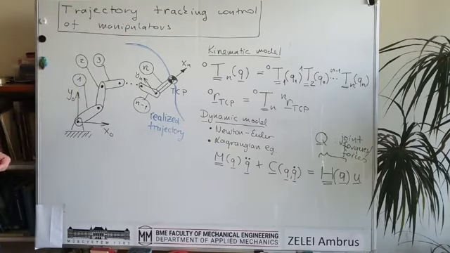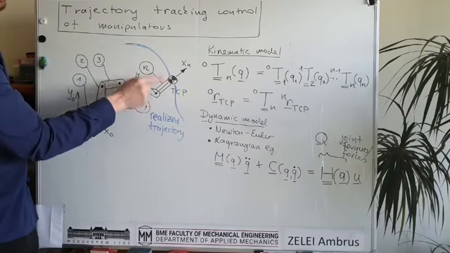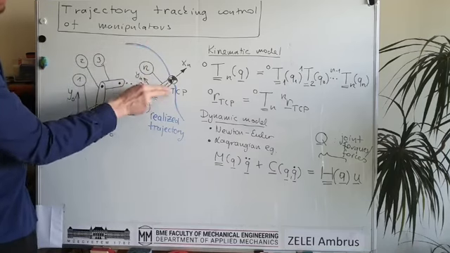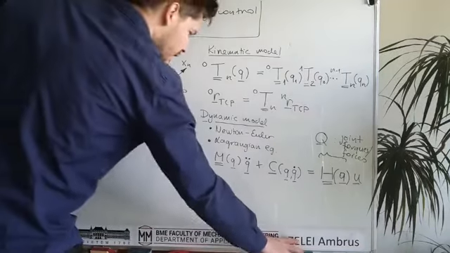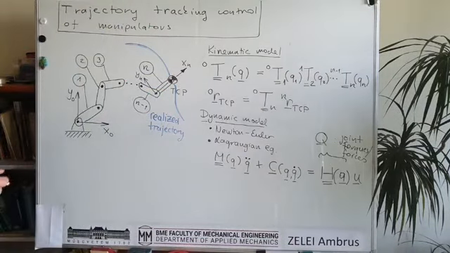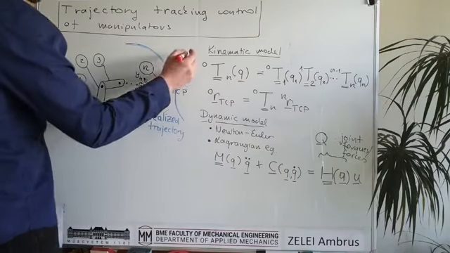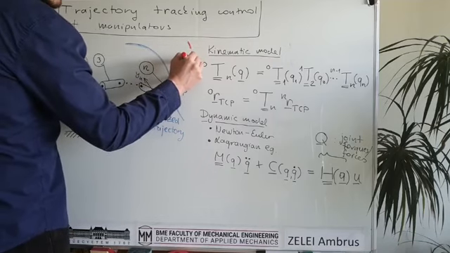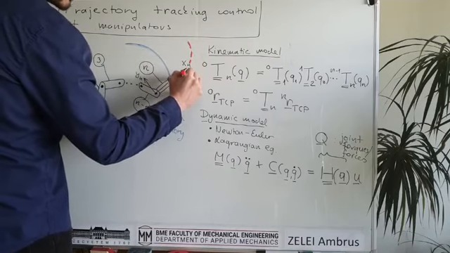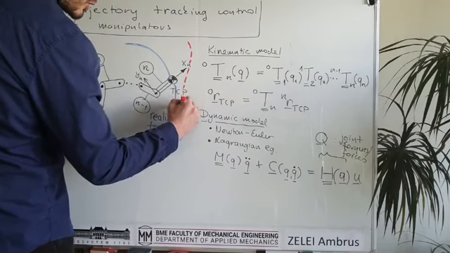So this is the trajectory in the space on which the tool center point moves. And there is another trajectory on which the tool center point should move. So we would like to move the tool center point on this red one. This can be different from the realized trajectory, but they should converge to each other.